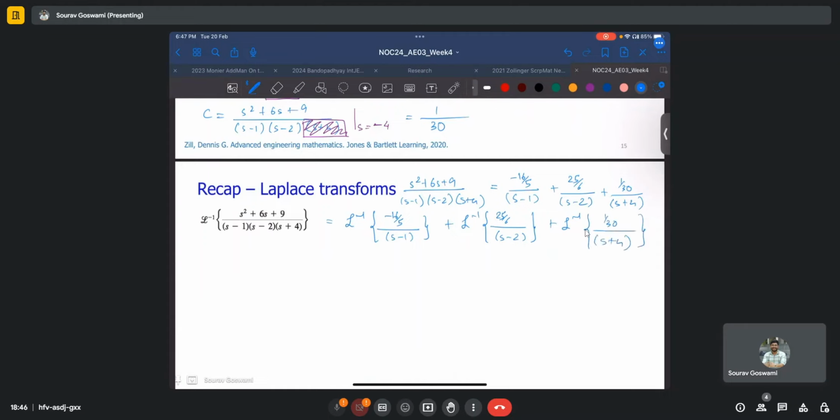So this is minus 16 by 5 Laplace inverse of 1 by s minus 1, plus 25 by 6 Laplace inverse of 1 by s minus 2, plus 1 by 30 Laplace inverse of 1 by s plus 4. And now we go back to the standard formula that we have, and we try to identify the form which these terms might be possessing.